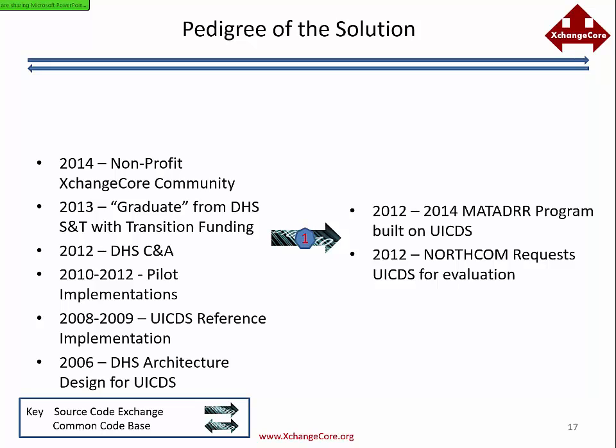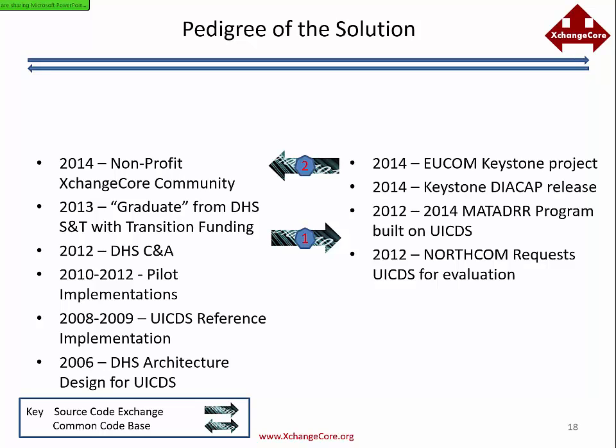Throughout that period, when the Department of Defense had it, UCITS was graduating from the Department of Homeland Security Science and Technology Division, given transition funding to go out and form a nonprofit XchangeCore community, which is what's been done over the last couple of years and what you're participating in right now. At the same time, on the DoD side, the software that is known as Keystone in DoD got its DIACAP release, which allows it to be operated on a .mil network.